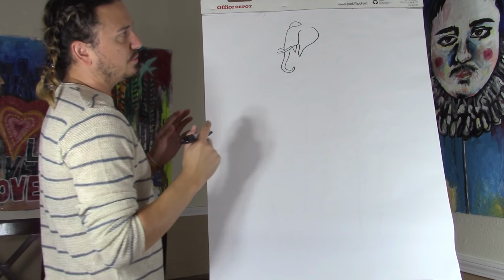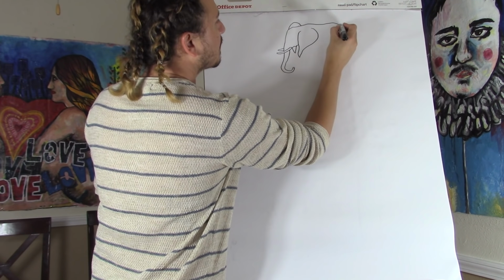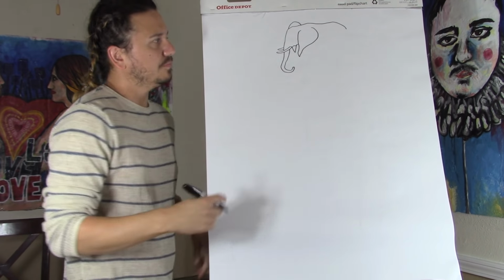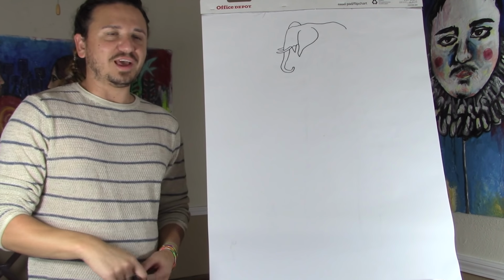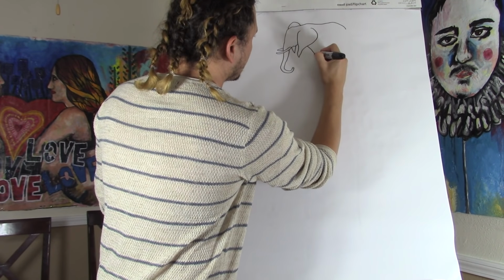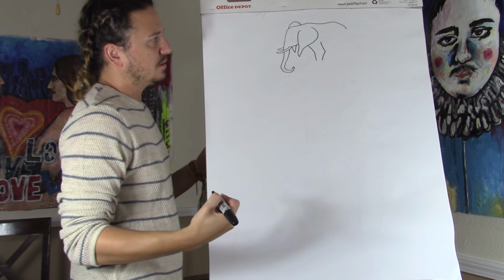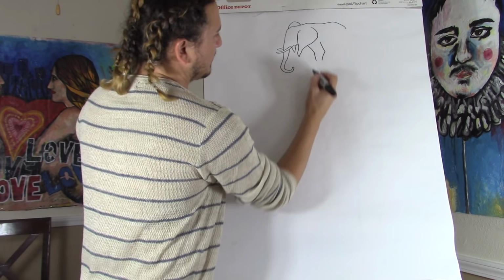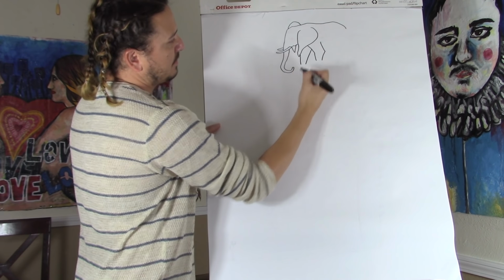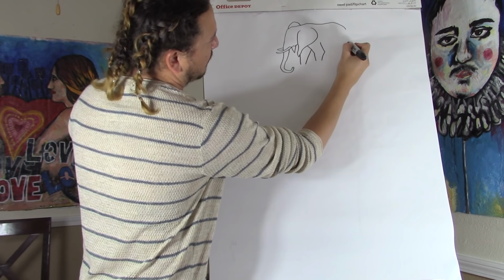Now we're going to continue with his back. Elephants have 4 legs, so we're going to put those in. One. The second one will be right here in front of the first one we did. The third one.